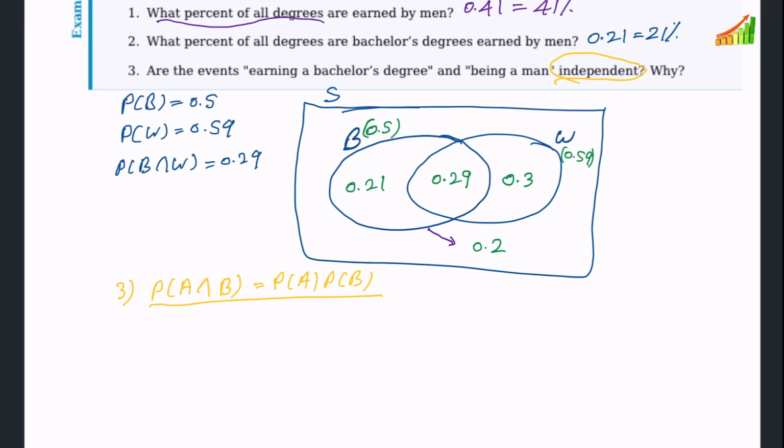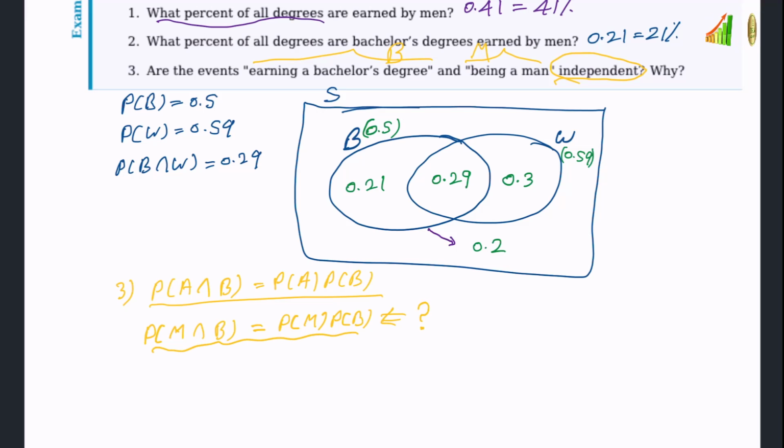The event earning bachelor degrees is B, and being a man is event M. Therefore, probability of M and B equals probability of M times probability of B. If this is true, we can say M and B are independent. So we need to check this one.